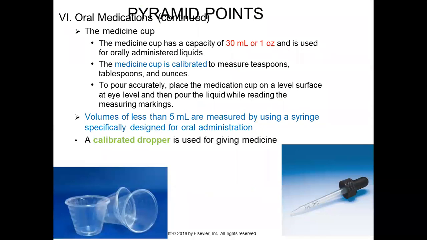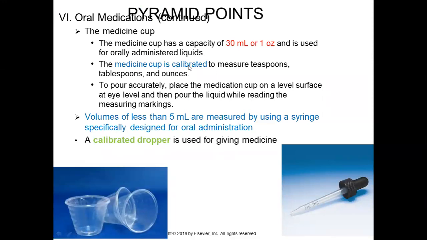Next, the medicine cup. This is the medicine cup and this is the dropper. The medicine cup has a capacity of 30 ml. We call it an ounce, and 1 ounce equals 30 ml.